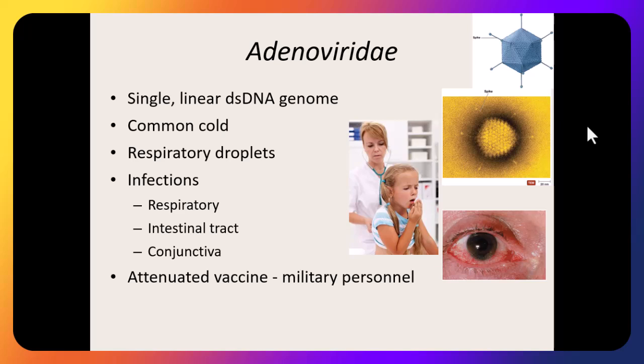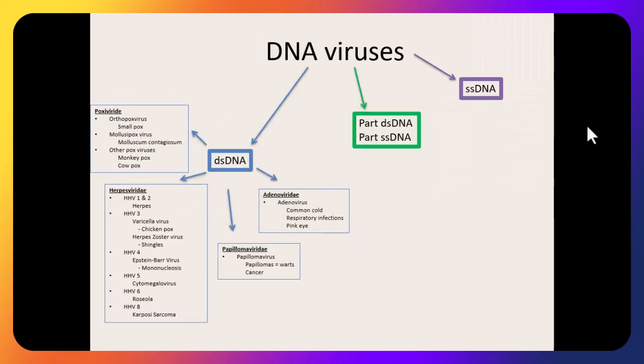They're in close quarters, possibly spreading it, and we want them active. It's not a very long-lasting vaccine, which is why it's not commonly given. And again, there are lots of things that can cause the common cold, not just adenoviruses.